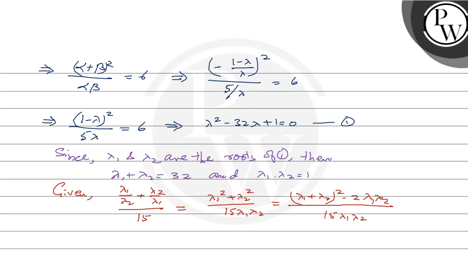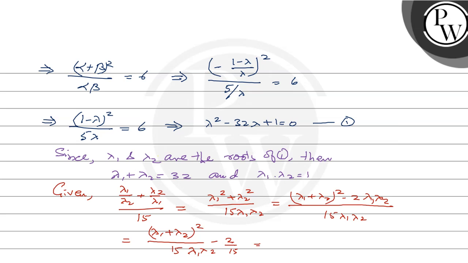So we can put up the values, but it can be further simplified as lambda 1 plus lambda 2 whole square divided by 15 lambda 1 lambda 2, and minus 2 over 15. Right?